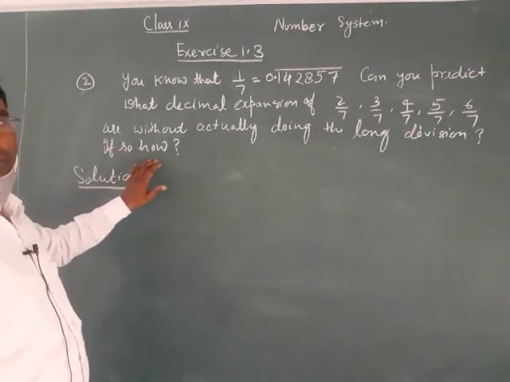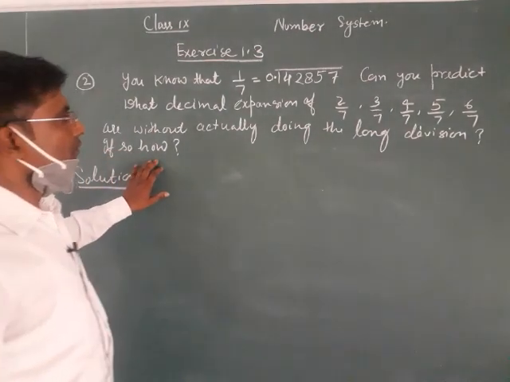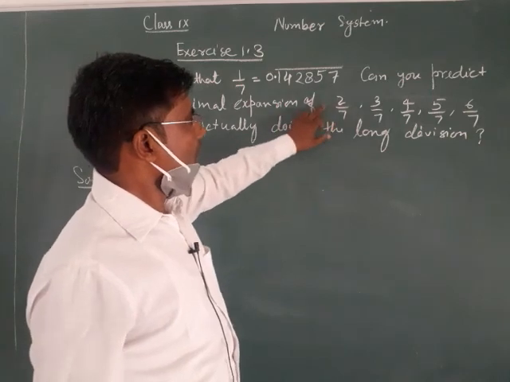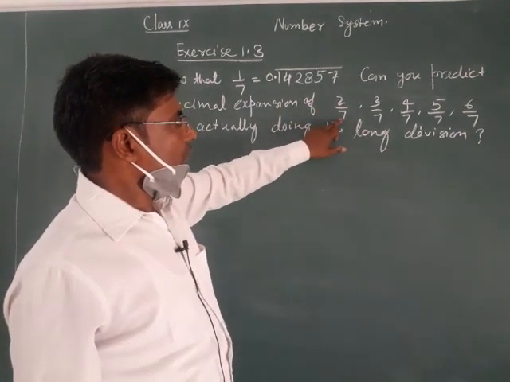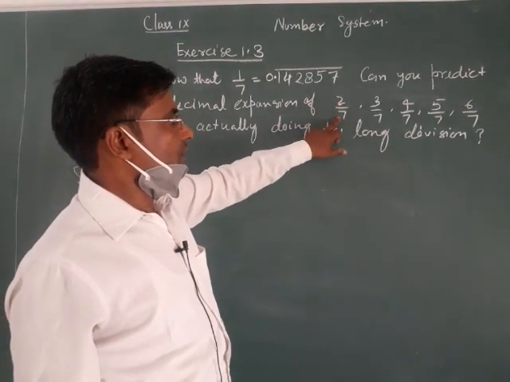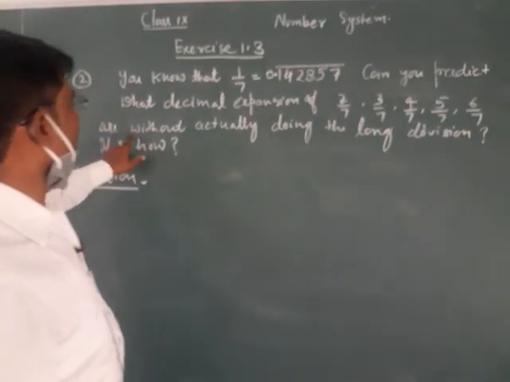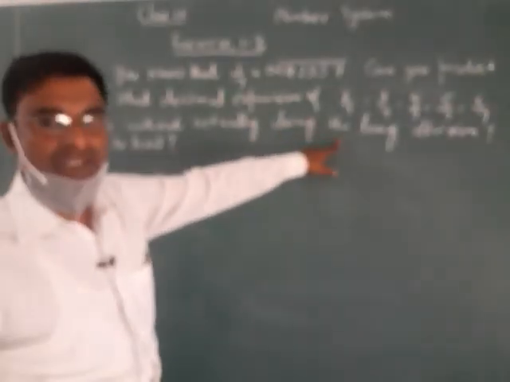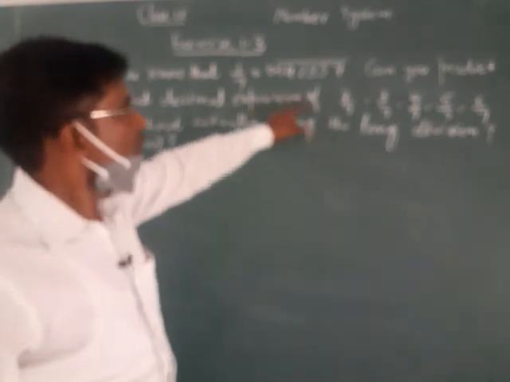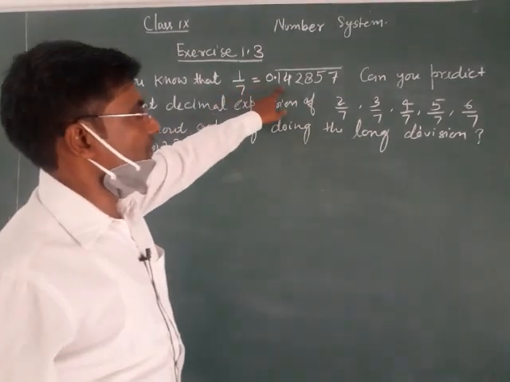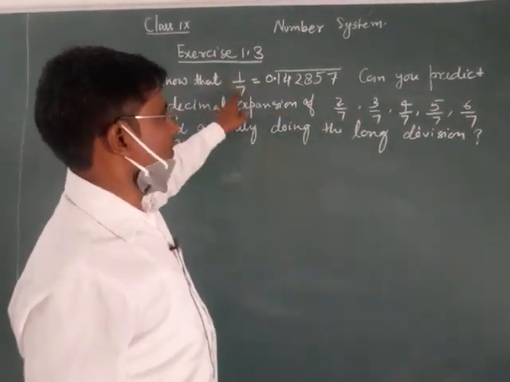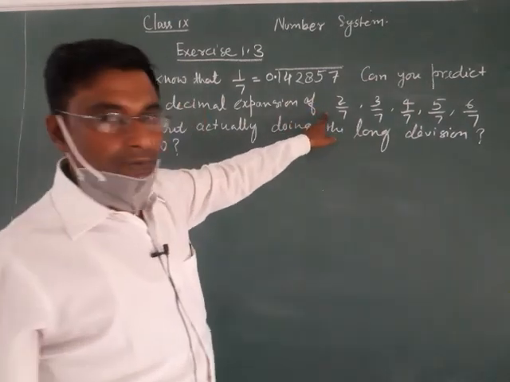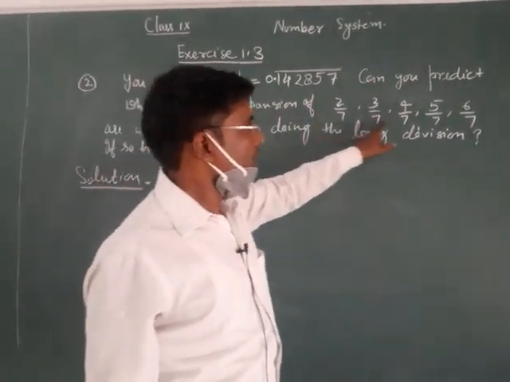If so, how? So 2 by 7, how will we solve 2 by 7 without actually doing the long division method? Use 1 by 7. With the help of 1 by 7 we can solve this.